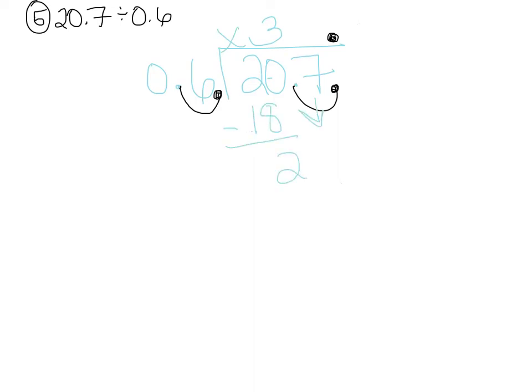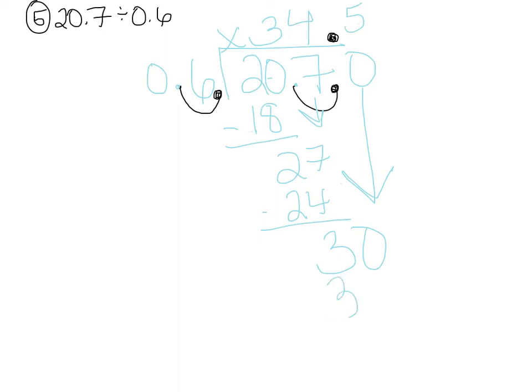Bring down your 7. 6 goes into 27 4 times. I get a remainder of 3. So remember, you're going to add a 0 to your dividend and bring it down. And 6 goes into 30 exactly 5 times. So 20 7/10 divided by 6/10 is 34 5/10.